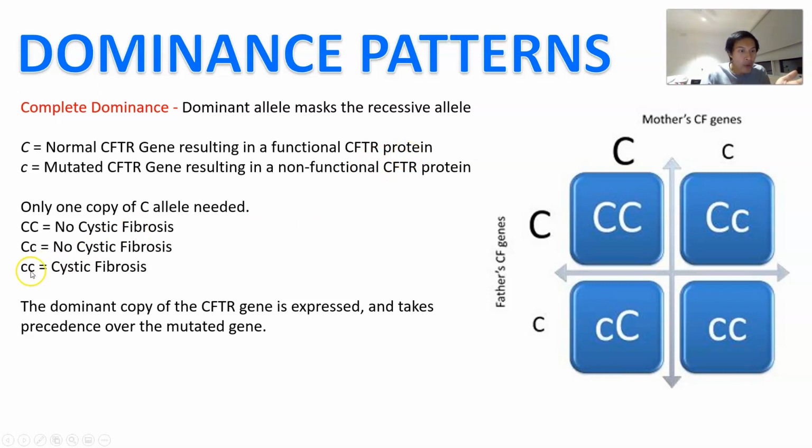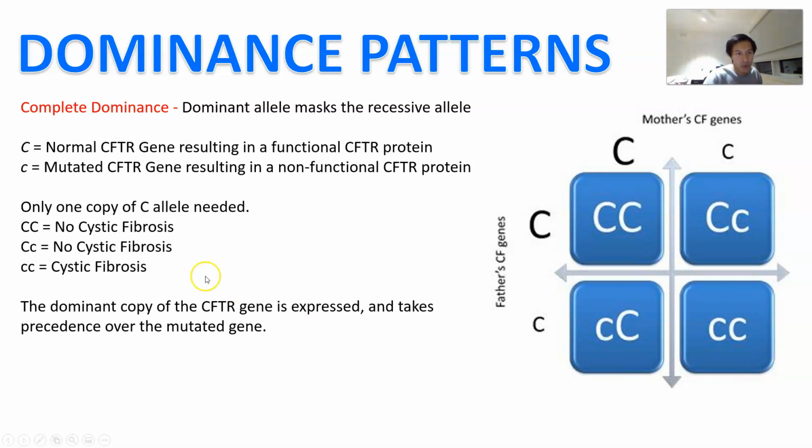However, if you have 2 lowercase c, you have both recessive, a homozygous recessive genotype, you are going to have cystic fibrosis because you cannot produce normal functioning cystic fibrosis transmembrane conductance regulator proteins as a result of that, right? So you only need one dominant copy of the CFTR to be expressed, right? And that's good. So in general, those are the possible outcomes.